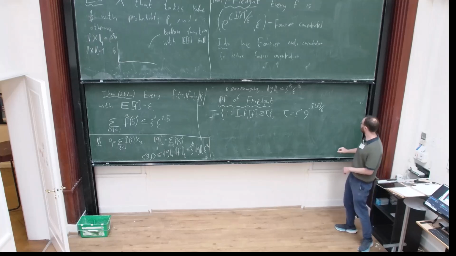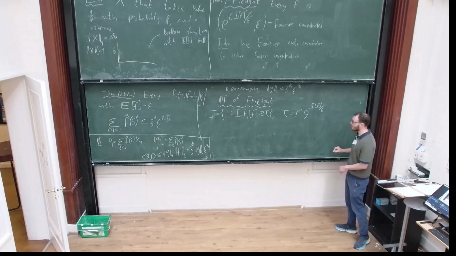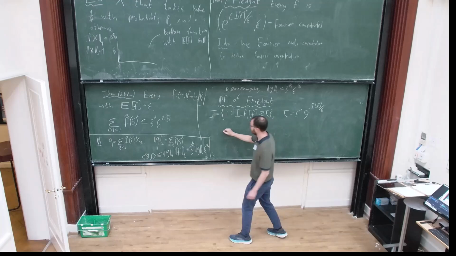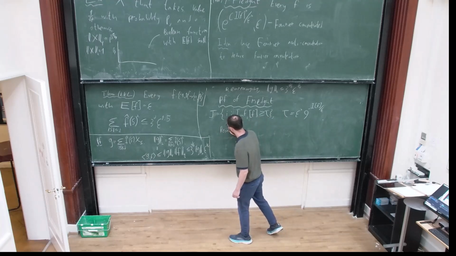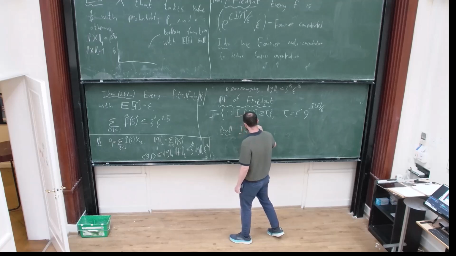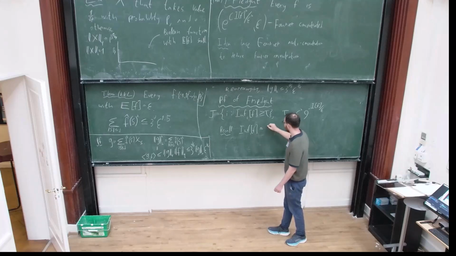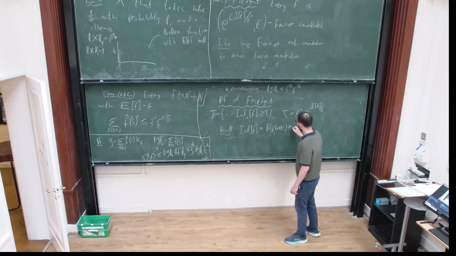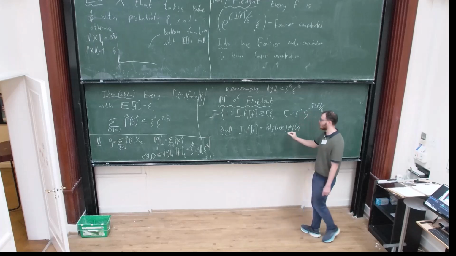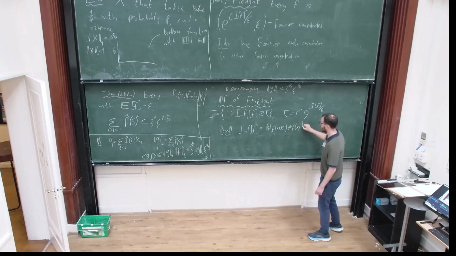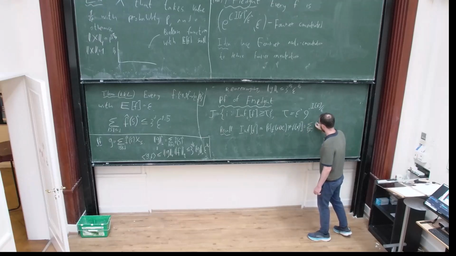Maybe I should recall the notion of influence. So the i-th influence of f is the probability that if you flip the i-th coordinate, it changes the value of f, and it's equal to the sum over S containing i of f-hat(S) squared.